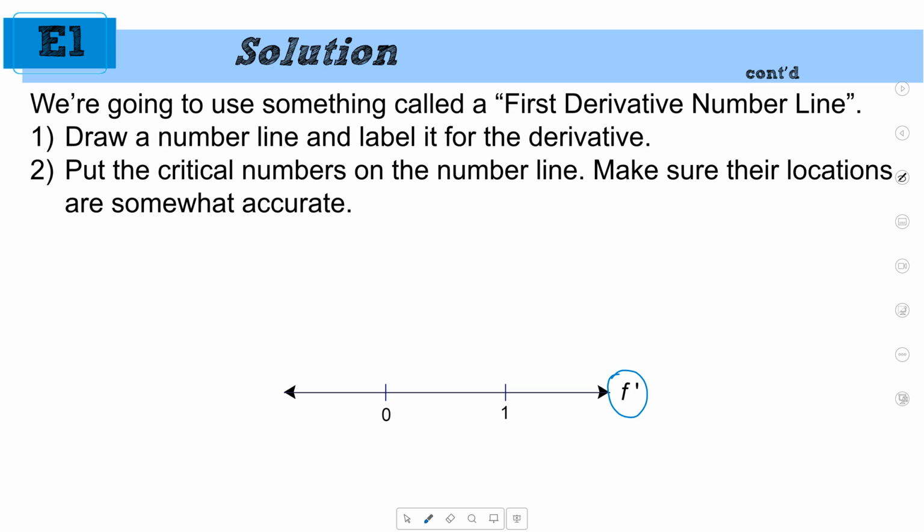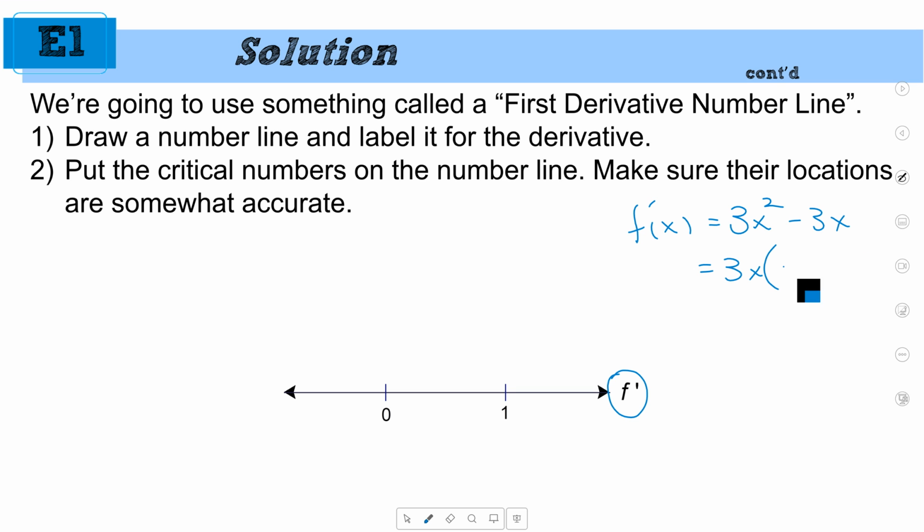What does it mean to test regions? You did this last year when you were doing inequalities. Pick a number to the left of 0. Ben, what number would you like to the left of 0? -2. Okay, hold on, I'll come back to you in a second. First derivative. What is it? 3x squared minus 3x.